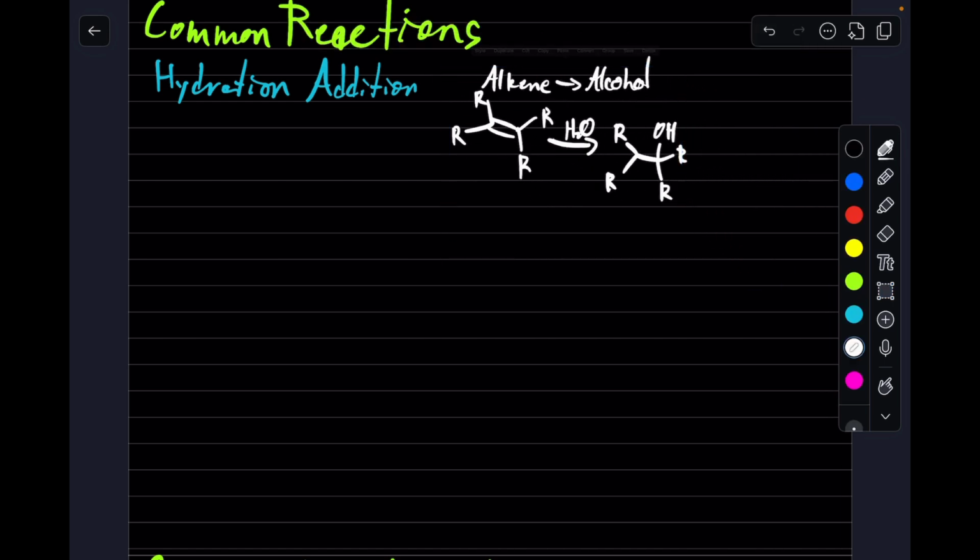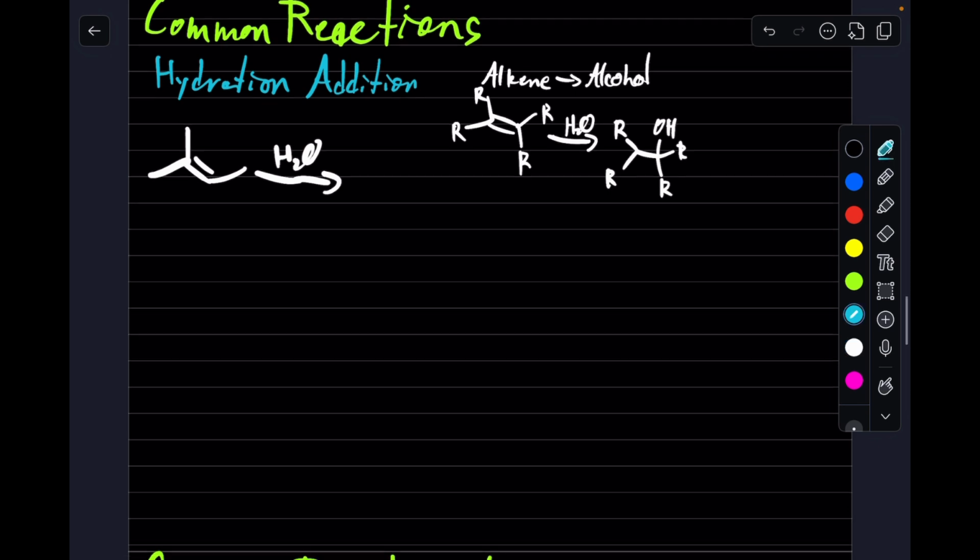So one example, I'm going to draw one example. Yeah, so we have this alkene, and the OH group will always be on the most substituted carbon, which is this one, right?